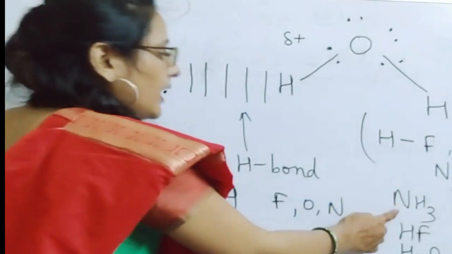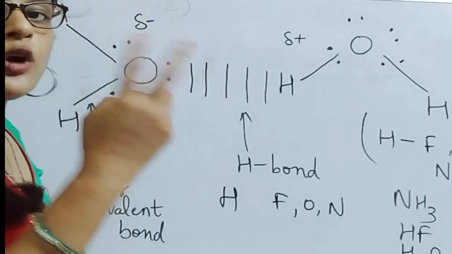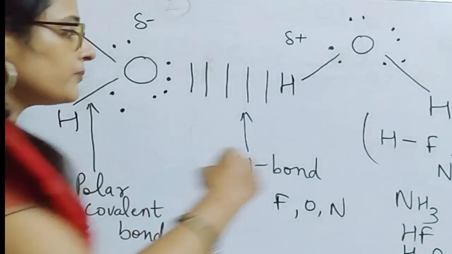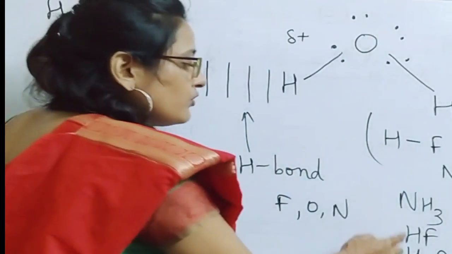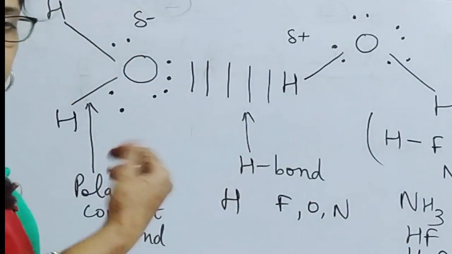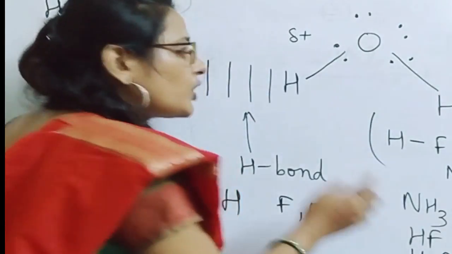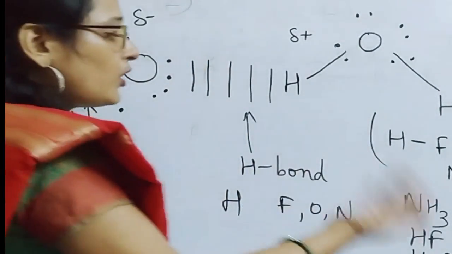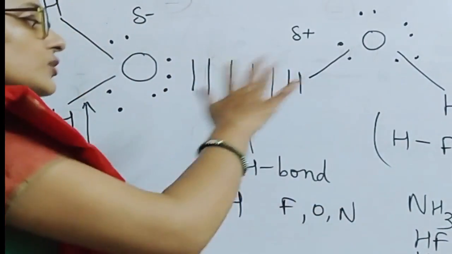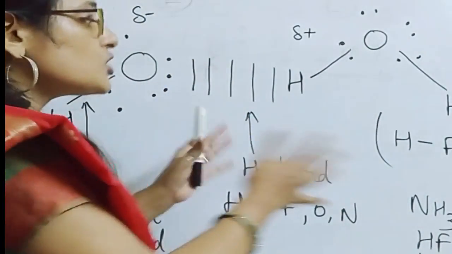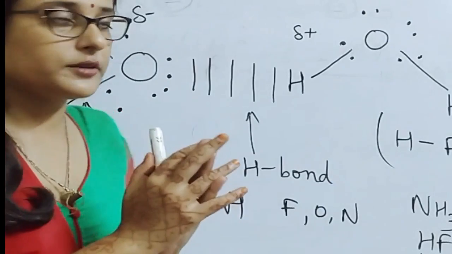For example, ammonia, the bond formed between two ammonia molecules will be a hydrogen bond, because over here hydrogen is bonded with nitrogen. Similarly, the bond formed between two hydrogen fluoride molecules, or between two water molecules, or between ammonia and HF, or HF and water. So the bonds formed between such molecules will be called hydrogen bond.